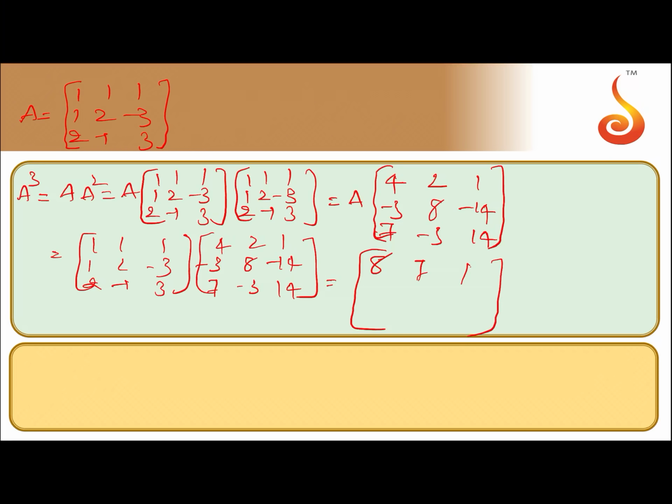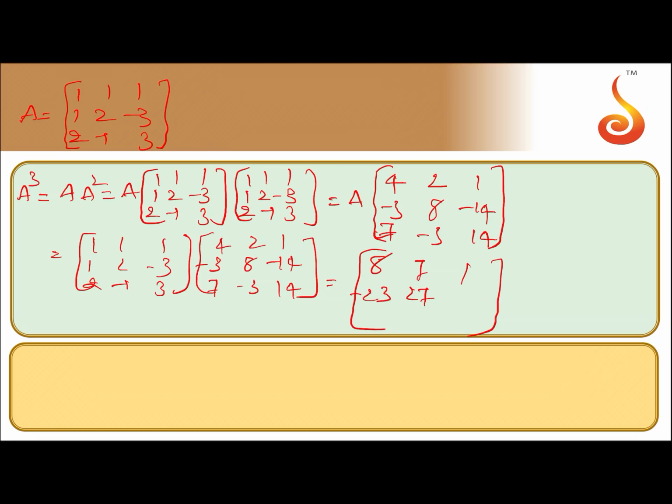Next, so 1, I think 4 minus 6 minus 2 minus 21, minus 23, and 2 plus 16, 18 plus 9, 27. It's 1 minus 14.